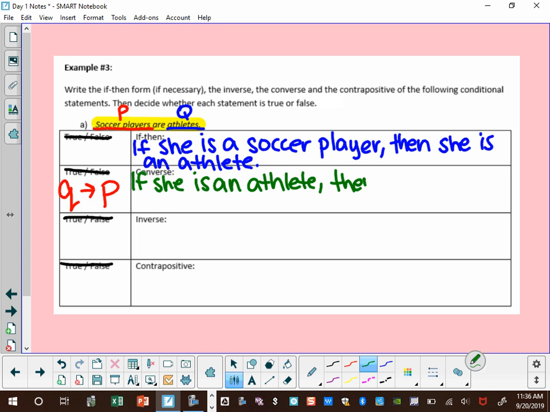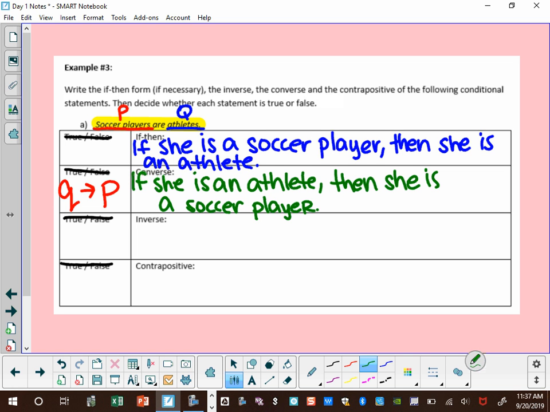Wait, that doesn't make sense to me. I'm glad you said that, Diana. Because what if she's a basketball player? The true false that I just told you to take out, you don't have to do that anymore. But this statement would be false, because she could be a basketball player or a tennis player.